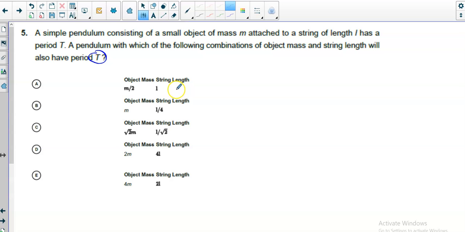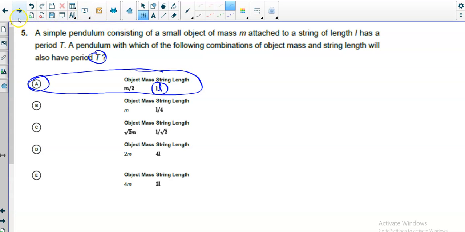I'm assuming 4L string length is a fourth, 2L, and I'm assuming this is 1L, right? It's got to be A. Yes, because it has to be the same length. Mass doesn't matter.